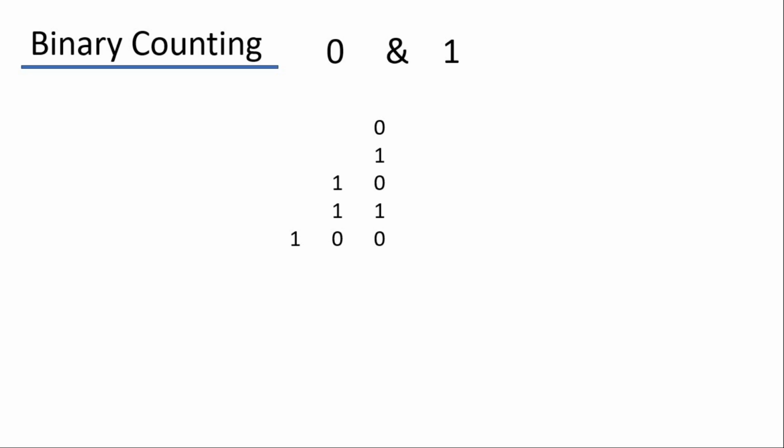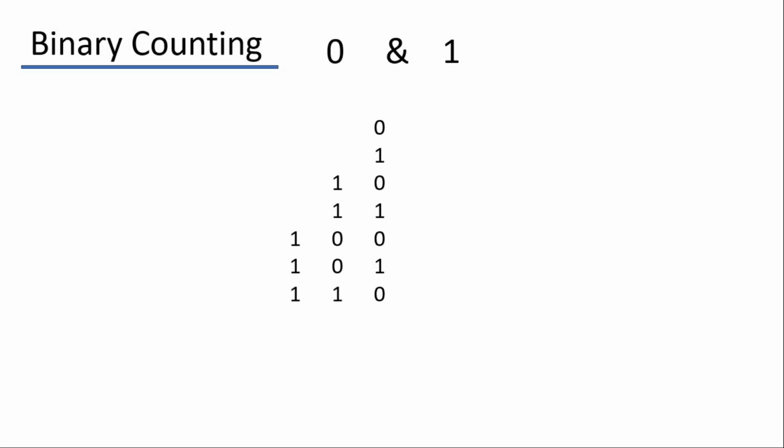Let's repeat this process by counting more. So here we have 100, and when we add 1 to the last bit, it will become 101. Since the last bit is at its maximum value, we reset it to 0 and add 1 to the second bit.